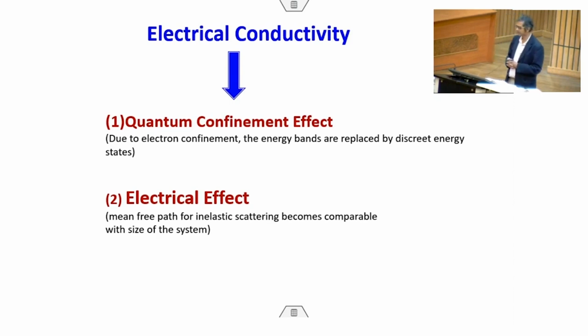That means if the size of the grains is comparable with the mean free path of the inelastically scattered electrons or holes, then they will not get scattered too much, and you have an increase of conductivity as a result of that. First of all, the first one is more important than the second one.